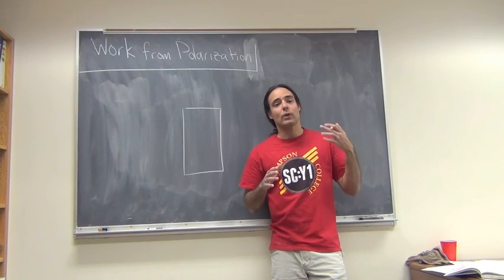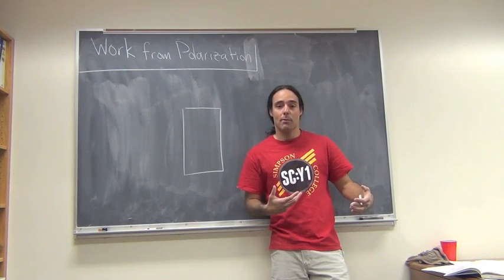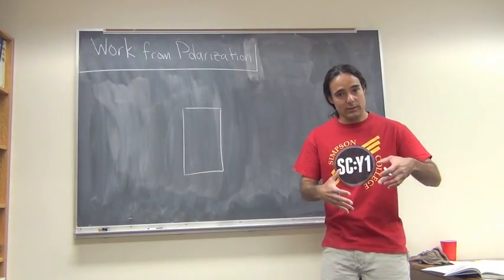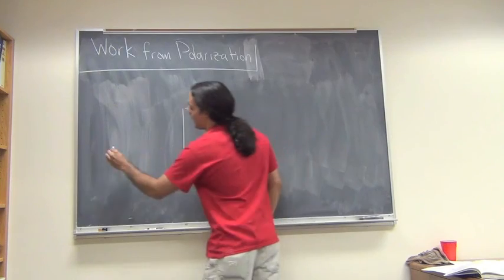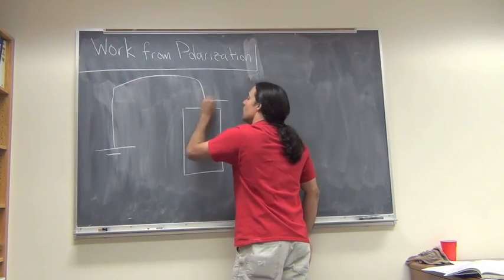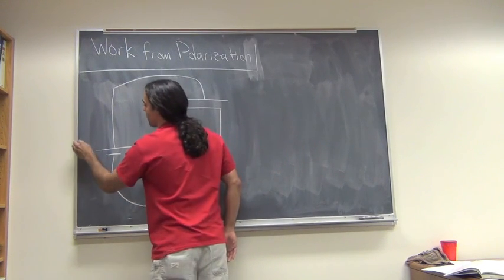Okay, say you have, we can also do work by changing other properties of a material. So say I've got some material, and I take that material and I connect it to some capacitor plates that are connected to a battery. So here's my battery.